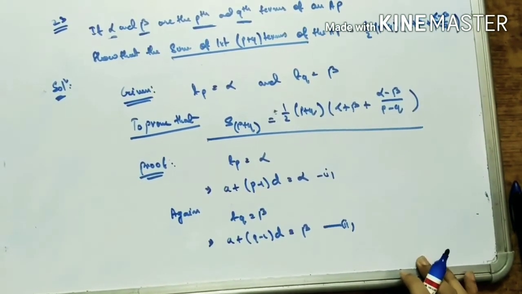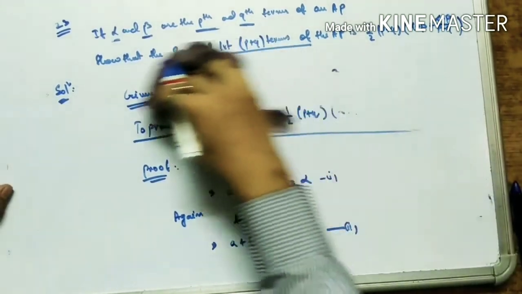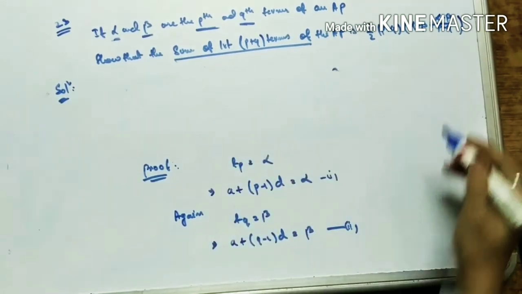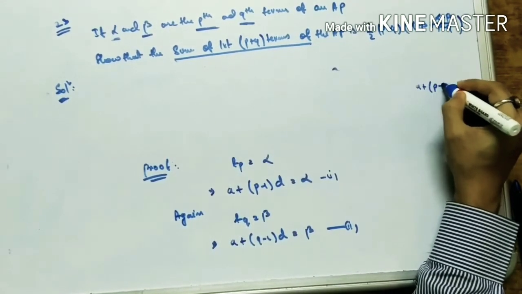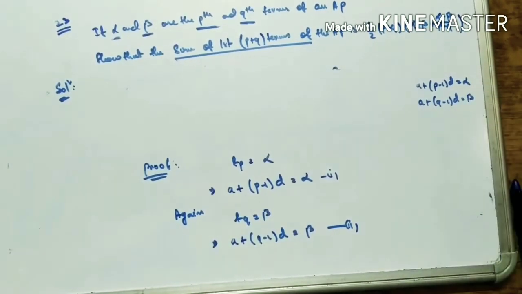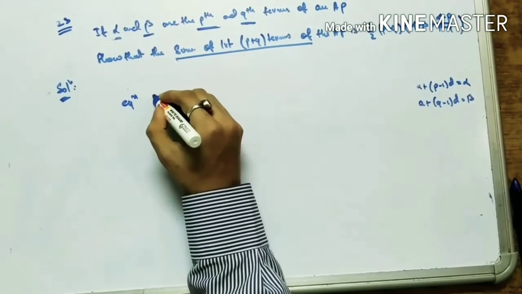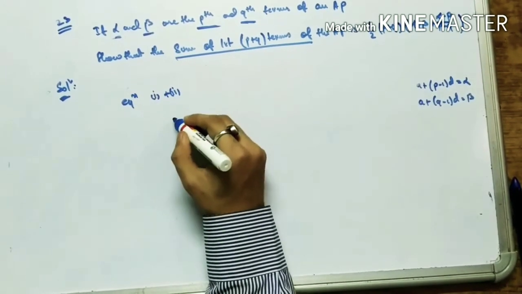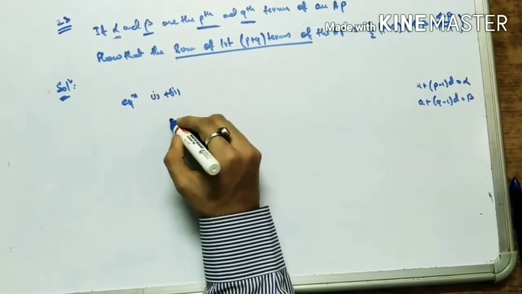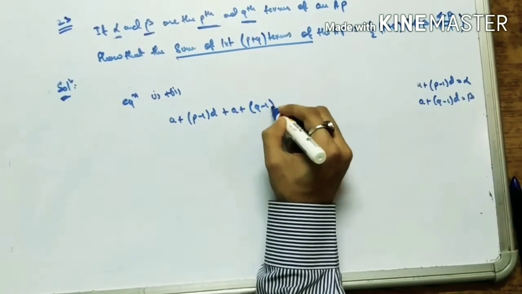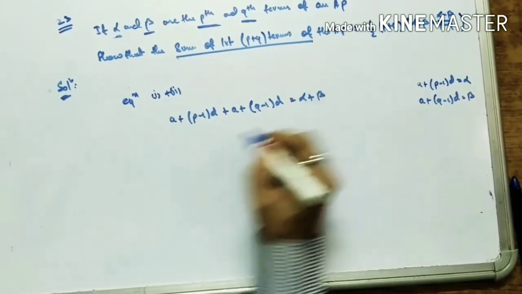Now first of all I will do alpha plus beta. I will do equation 1 plus 2. So in the corner I am writing a plus (p minus 1)d, this is alpha, and a plus (q minus 1)d, this is beta. Equation 1 plus 2, I will get a plus (p minus 1)d plus a plus (q minus 1)d is equal to alpha plus beta.